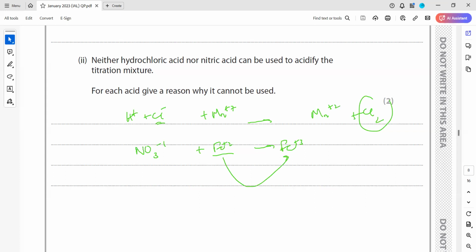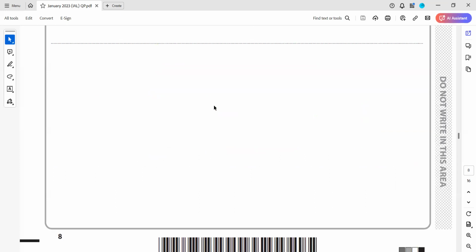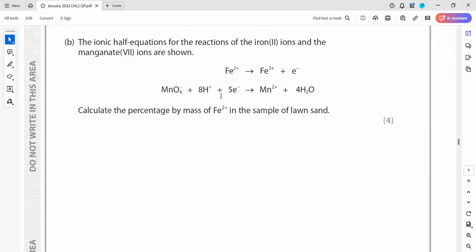That's why nitric acid is not used. And hydrochloric acid, the chloride ion in hydrochloric acid may be oxidized. That's also a reason. So these two reasons are given in the titration topic, why these two acids are not used for this potassium manganate and iron 2 titration.